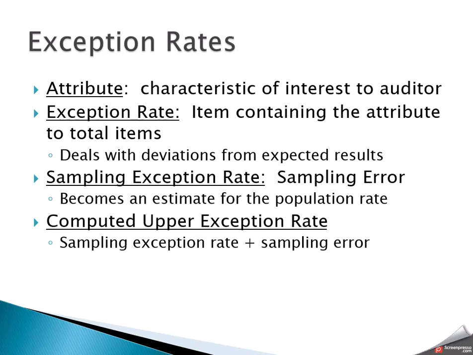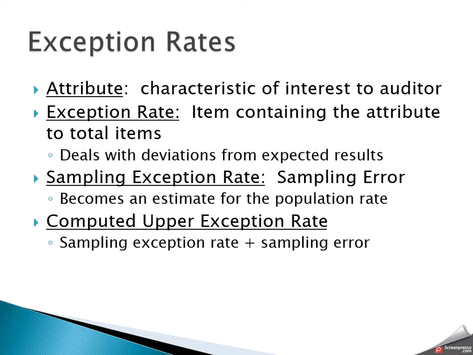When the textbook talks about the types of exceptions that auditors are interested in, one is deviation from the client's established controls. Another is monetary misstatements in the population of the transaction data, and monetary misstatements in the population of the account balance details. Because they look at transactions, and then they look at what the balance is at the end of the year, and whether there are any deviations in those.